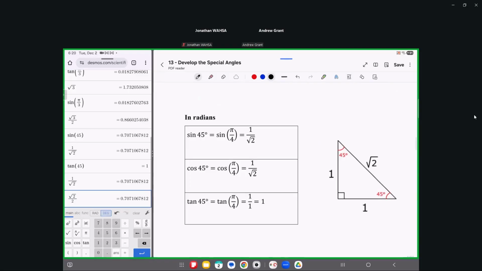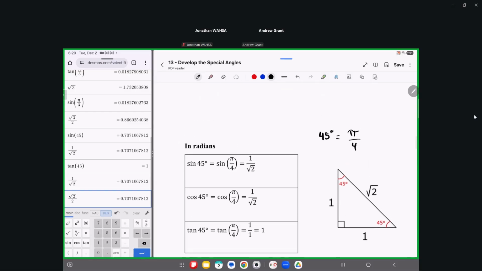This can also be done in radians. So recall 45 degrees is equal to pi over 4. If we take 45 and multiply it by pi over 180, we get that pi over 4 that we studied back in lesson 5.